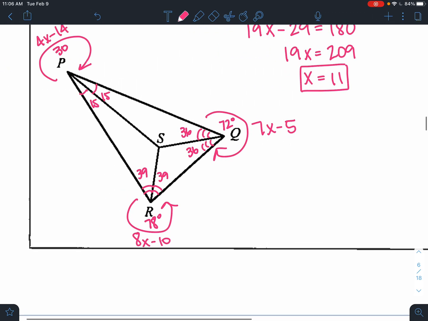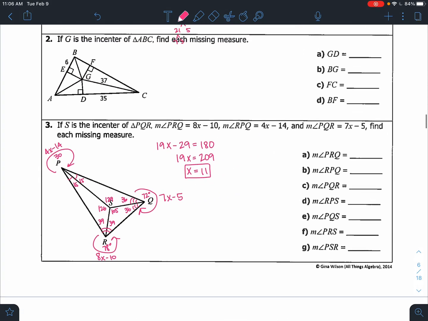And then each of those smaller triangles on the inside also has to add to 180. So that makes this one 129. If I do 180 minus 15 minus 39, that gets me 126. And 180 minus 36 minus 39 gets me 105. And all three of those in the middle should add up to 360 degrees.